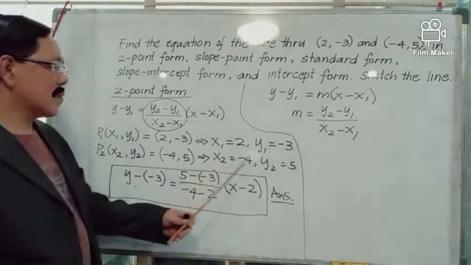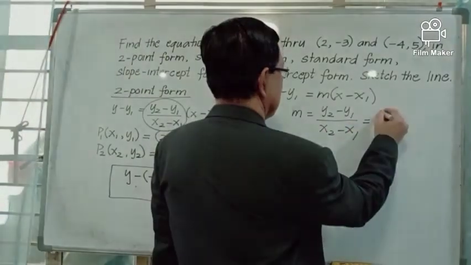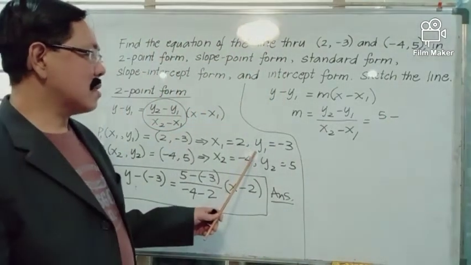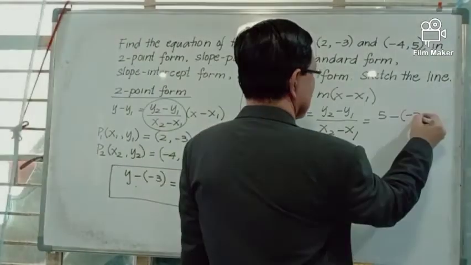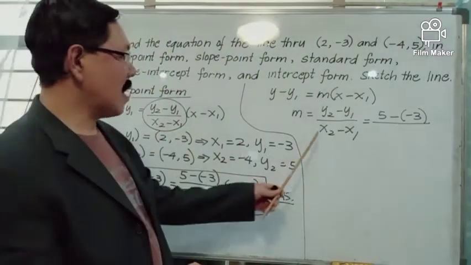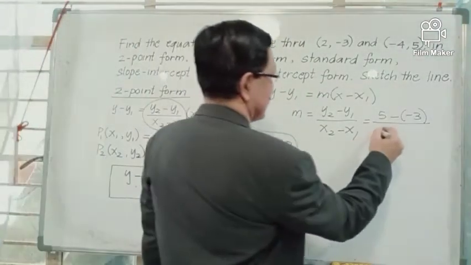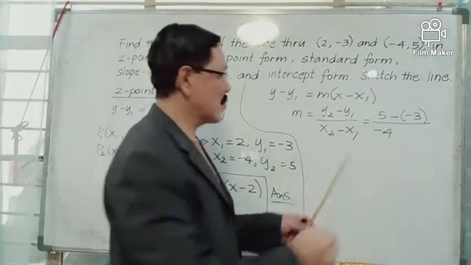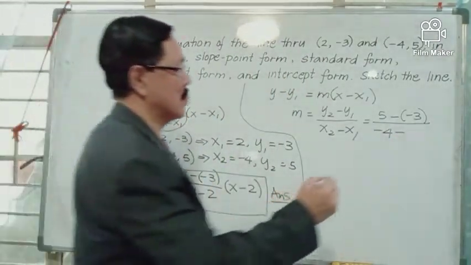Where y2 is 5 minus y1 is negative 3, divided by x2 is negative 4 minus x1 is 2.